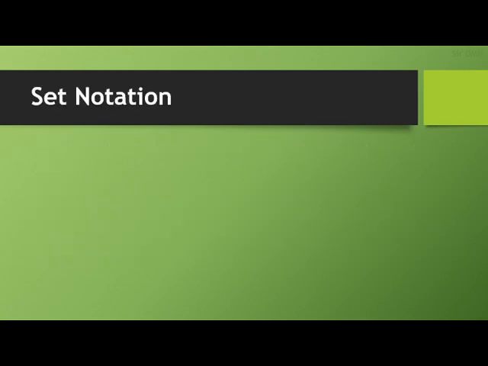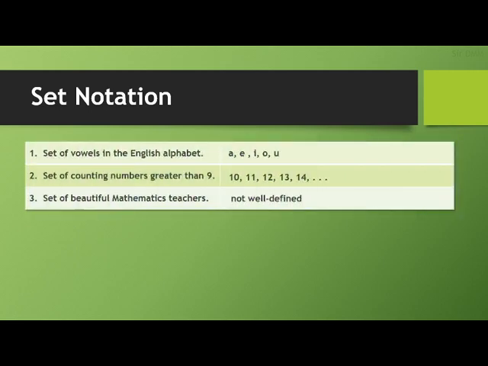Let's talk about the set notation. When we say set notation, it is the way of writing set. Let us use our previous activity for this example. Number 1, set of vowels in the English alphabet. Remember, in naming a set, we use single capital letter.